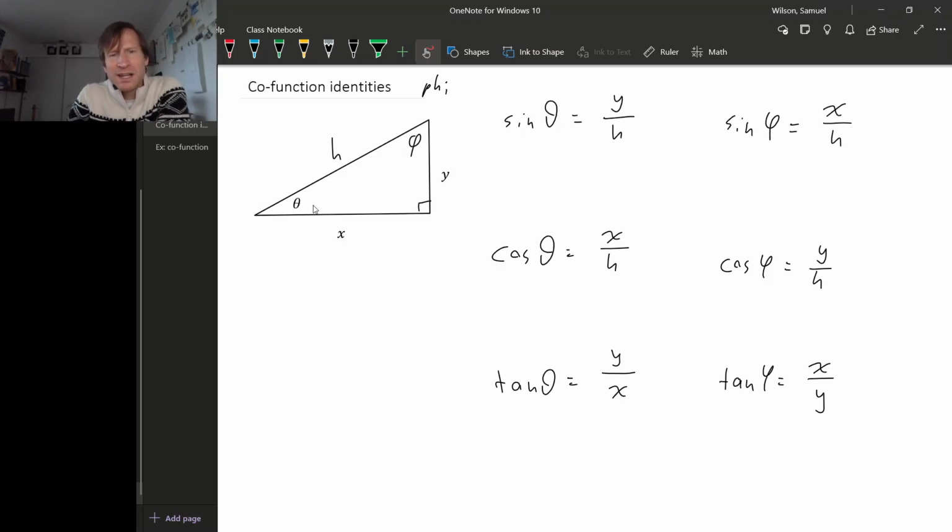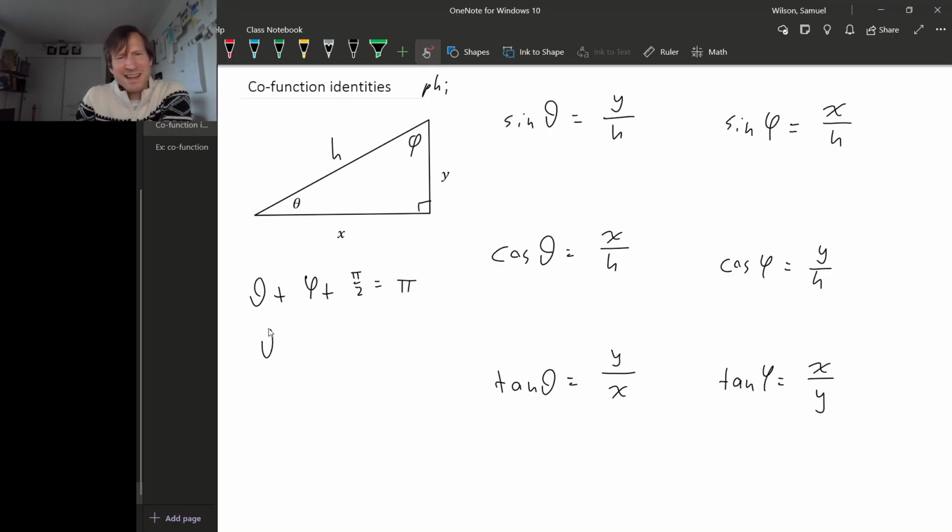Okay, but since theta and phi are in the same triangle, they aren't completely unrelated. There's a relationship between them. We know that if we add up all of the angles in a triangle, then we get pi radians, right? That's 180 degrees. So theta plus phi plus the right angle, which is pi over 2, has to add up to pi.